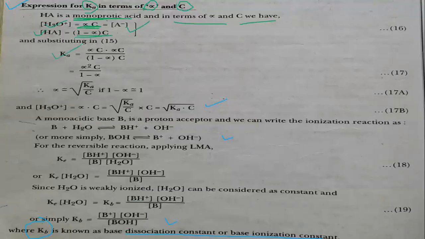K is equal to alpha C into alpha C upon 1 minus alpha into C. Therefore, alpha square C upon 1 minus alpha. C gets cancelled, hence only one C is there.